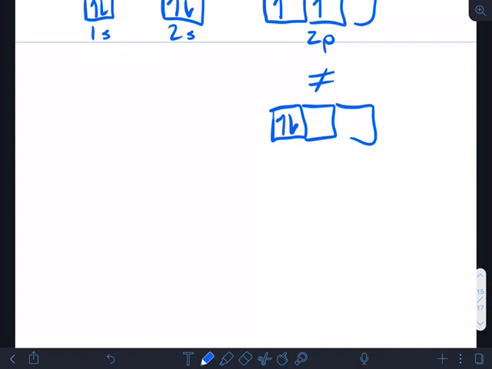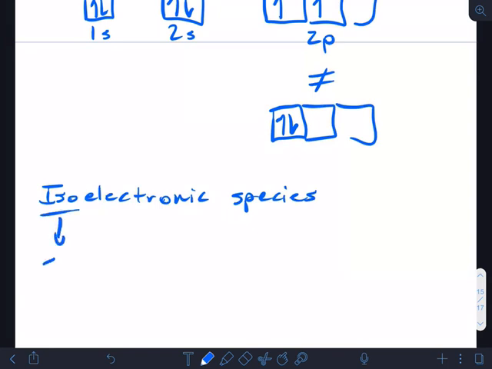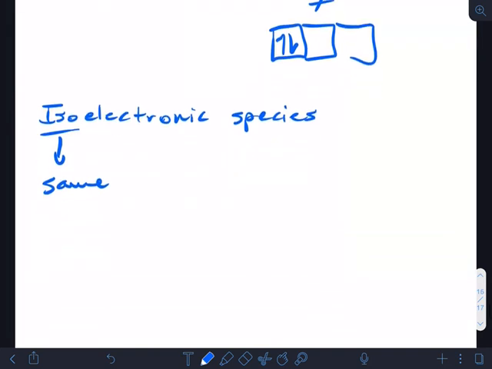Okay, so the last thing that I want to talk about really quick is a concept called isoelectronic species. Okay, so iso means same. Okay?